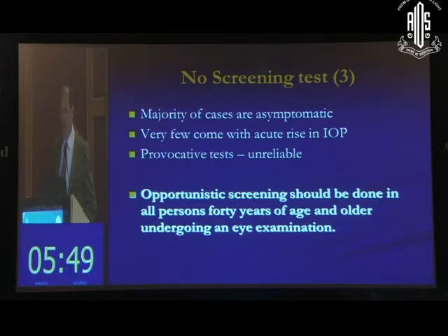The other issue is that we don't have a screening test for angle closure disease, and the majority of the cases are asymptomatic. This is a bit counterintuitive because our textbooks still associate angle closure disease with acute angle closure or acute rise in pressure. That has to be delinked, and we know that angle closure disease actually is a silent disease.